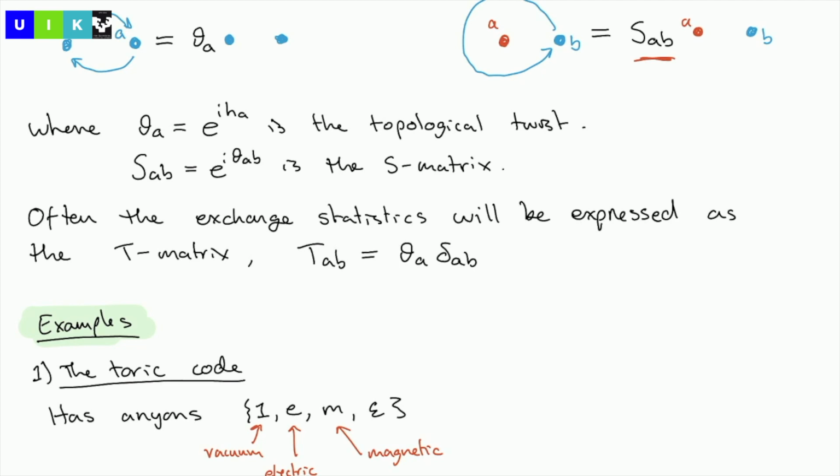They're often written in something called the T matrix. Now, the T matrix is just the diagonal matrix, where on the diagonal you've put these topological spins. Okay? But the point being that the statistics of anyons is now described by this T matrix and the S matrix. And these are much more general things than just the -1 that could crop up for fermions.